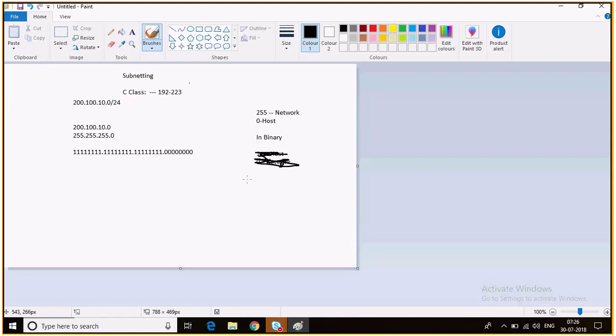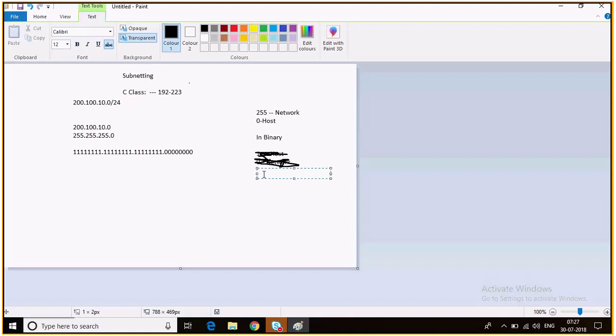Although I think I spoke properly, I wrote it the wrong way, so I'll write it again. When the value of the bit in the subnet mask is zero, it is called a host bit.